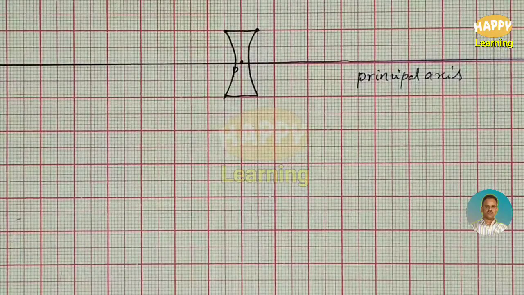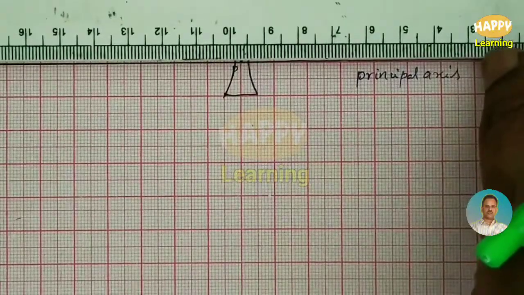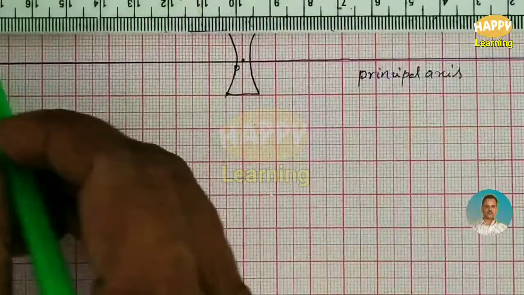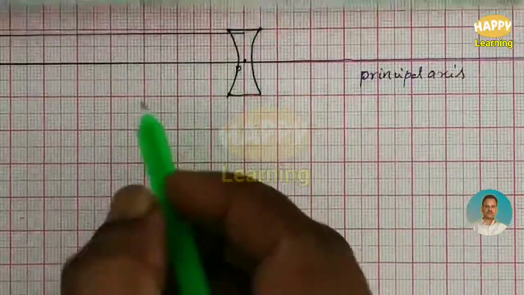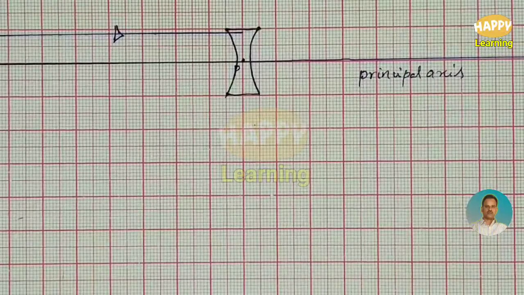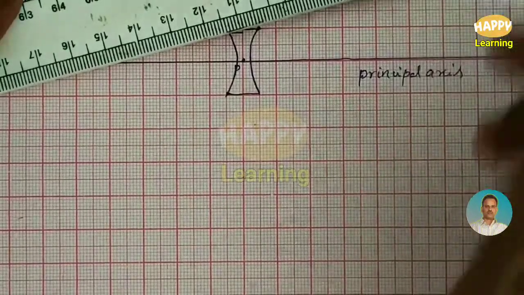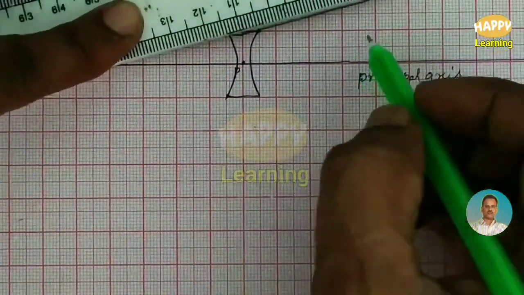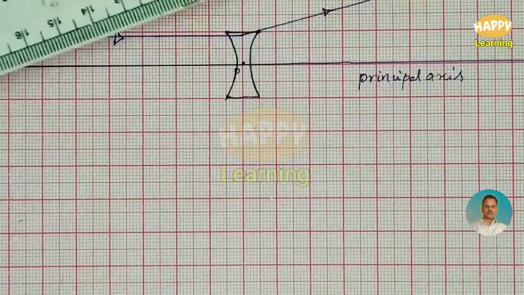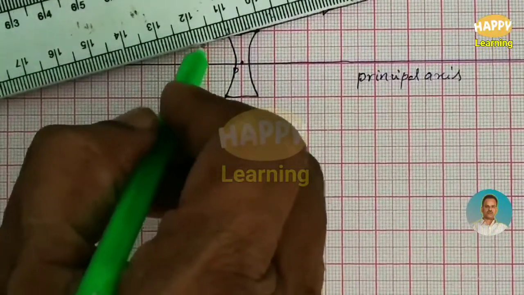We have three rules. Number one, any ray passing parallel to the principal axis will refract such that it appears to have originated from this focus.